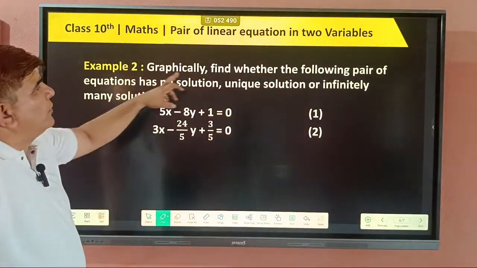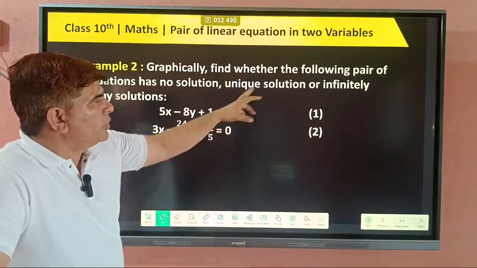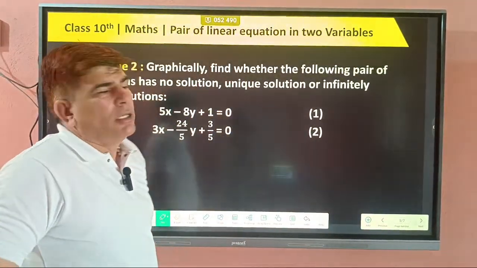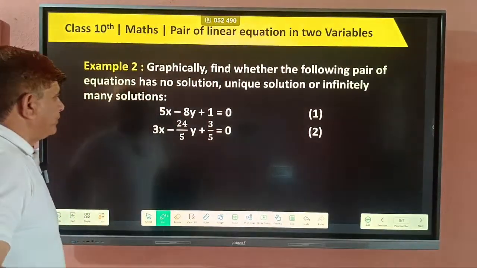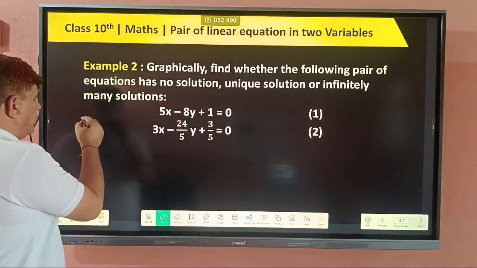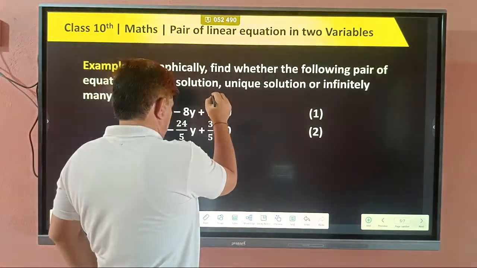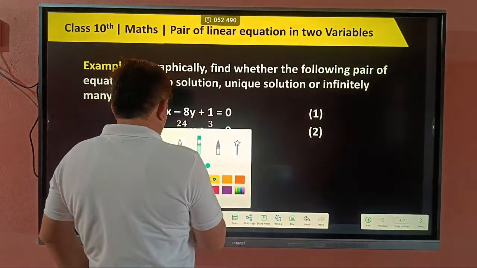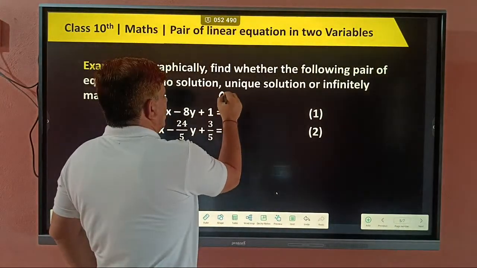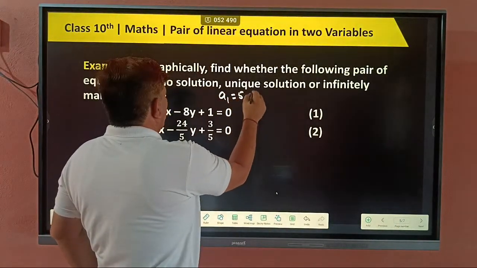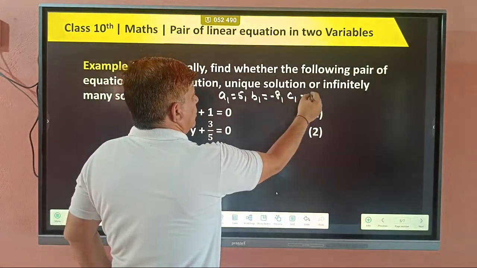Graphically find whether the following pair of equations has no solution, a unique solution, or infinitely many solutions. The equations are given. First, we compare them: A1 equal to 5, B1 equal to -8 and C1 equal to 1.